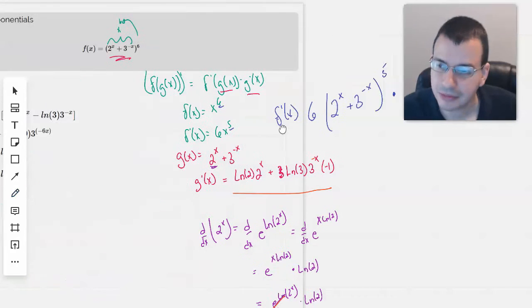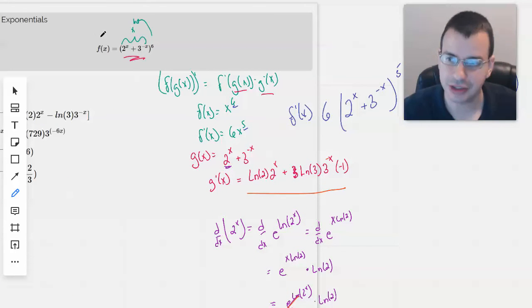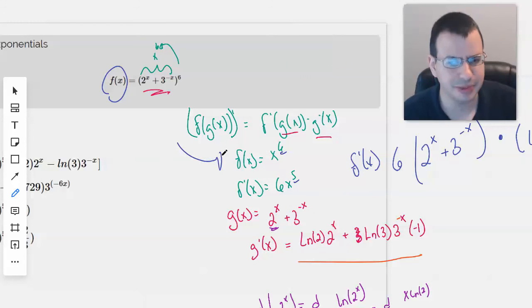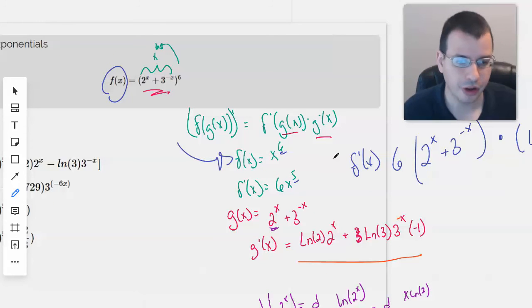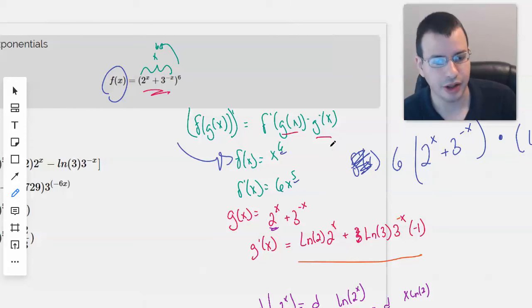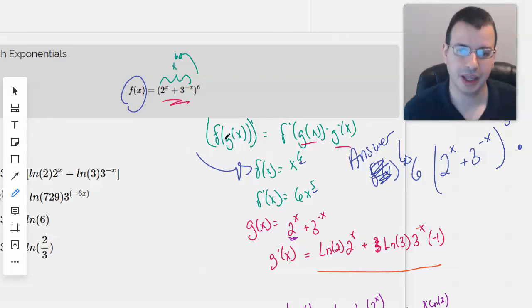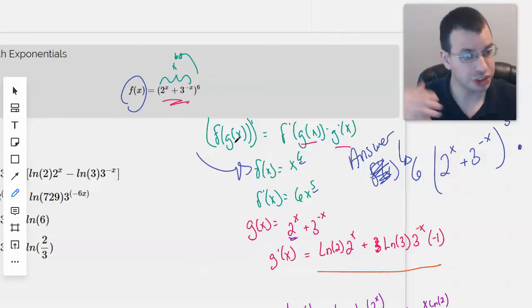One of the things I do that's kind of confusing here is they say, here's f of x, and then I use f of x to mean something else. The reason that happens is a lot of people use f of x, and then I use f of x whenever I do the chain rule.